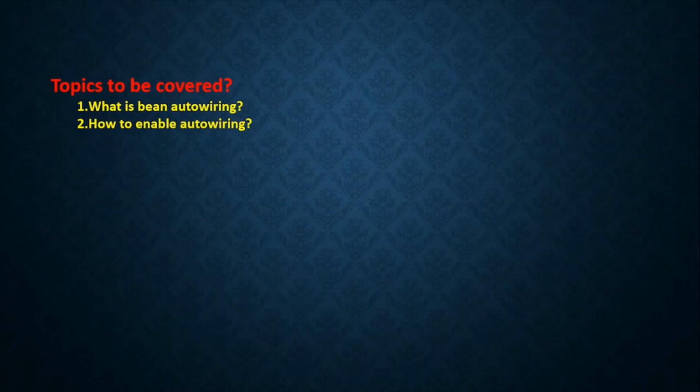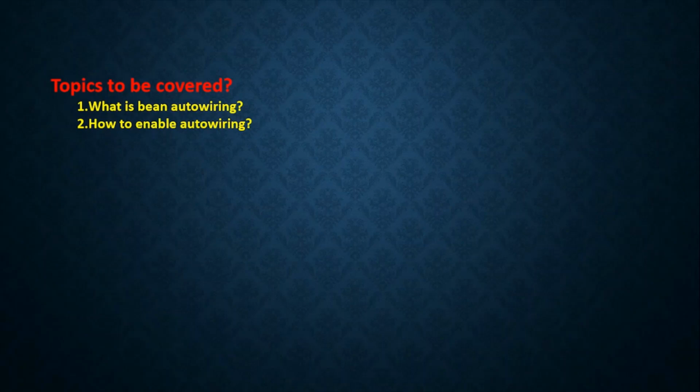In today's topics we are going to learn that. What makes the difference between working previously and working now, we are going to see as part of today's video. After we get some idea about auto-wiring, we'll see how it goes by default.